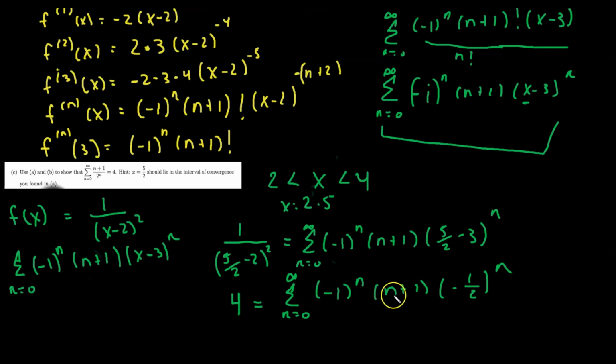We can easily see that this term reduces to (n plus 1) over 2 to the n.